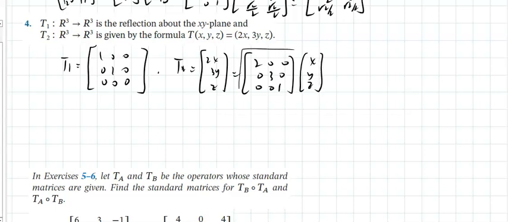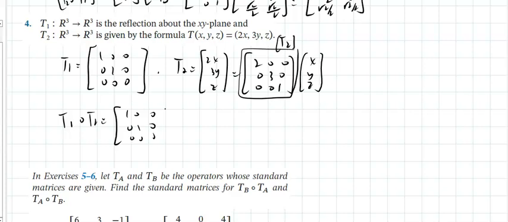So basically, that's the matrix of transformation. So if I really work this out, that's my T sub 2 matrix of transformation. Now, if I take T sub 1, composite it with T sub 2, I'm looking at 1 0 0, 0 1 0, 0 0 0 and 2 0 0, 0 3 0, 0 0 1.